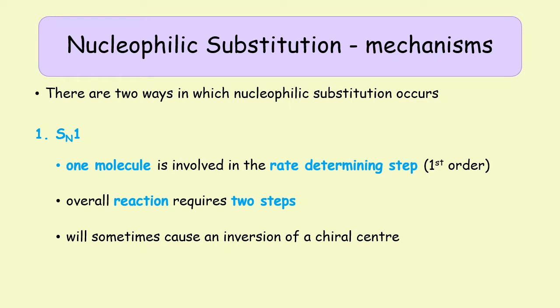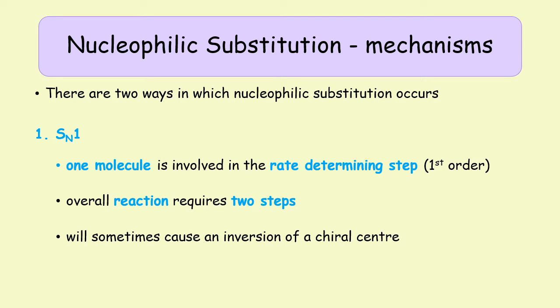Now in SN1, how you can tell that a reaction is SN1 is if you have rate data, rate information, the rate equation will be first order, and there will only be one molecule involved in the rate determining step.